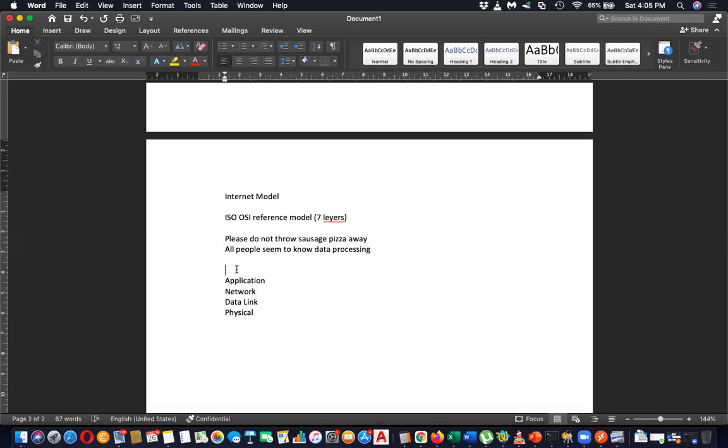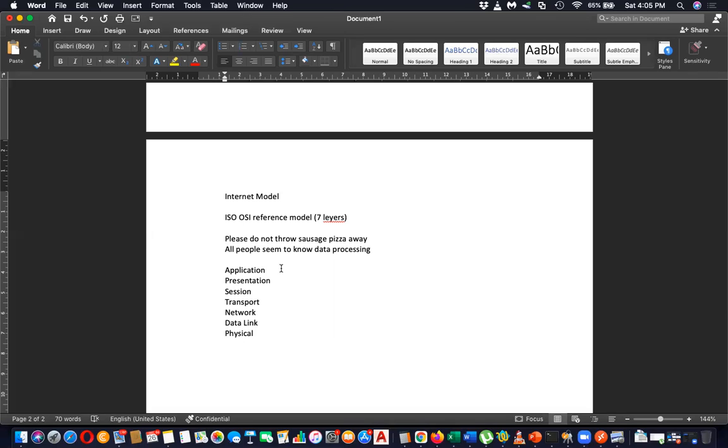All means application, People means presentation, Seem means session, To means transport, Need means network, Data means data link, Processing means physical. From bottom to top, remember: Please Do Not Throw Sausage Pizza Away. So these are the layers.